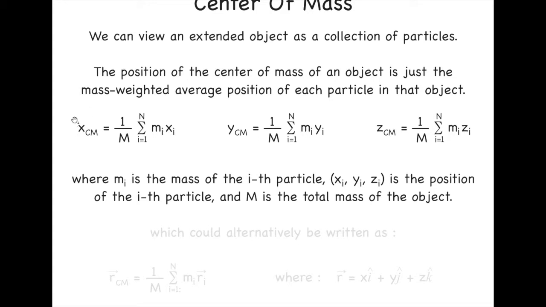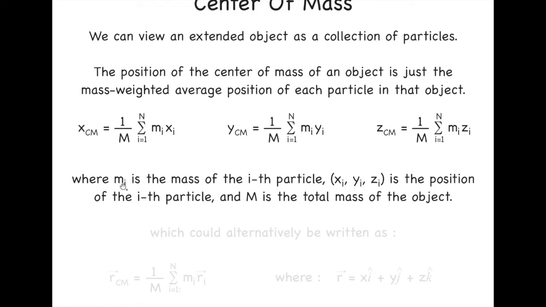A weighted average, in this case a mass-weighted average, is done by taking the mass of each particle times the position of each particle, summing all those products up, and then dividing by the total mass of all the particles in the system. We would do the same thing in the y dimension and in the z dimension, and you get the x coordinate of the center of mass, the y coordinate of the center of mass, and the z coordinate of the center of mass.